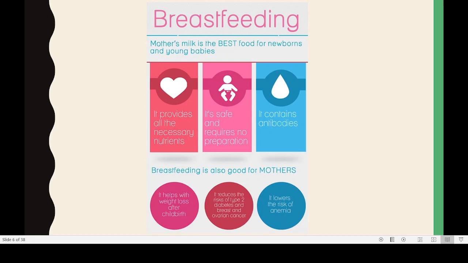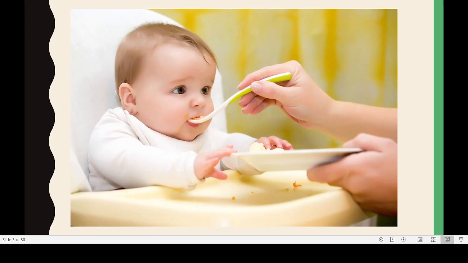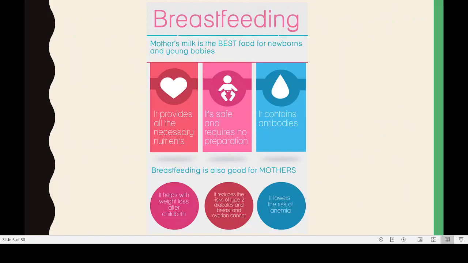Then it doesn't need any kind of preparation, because as I have already shown you, during the preparation of food, bacterial contamination or bacterial entry will always take place. Even with the best precautions, it is very difficult to avoid. Another advantage is that it contains antibodies. So these are some of the advantages of breastfeeding.